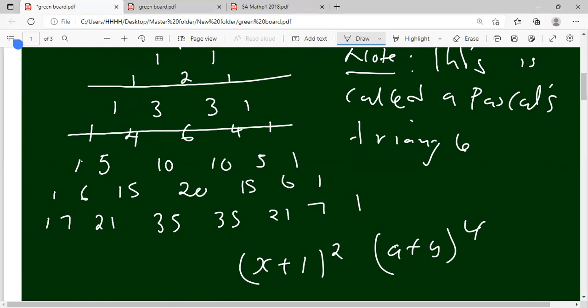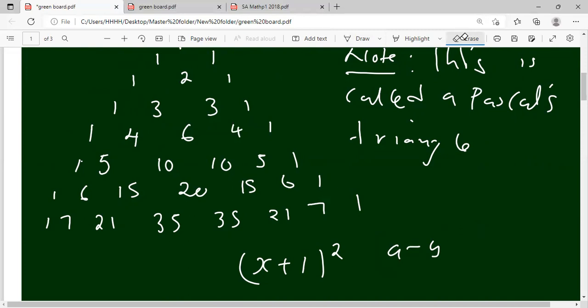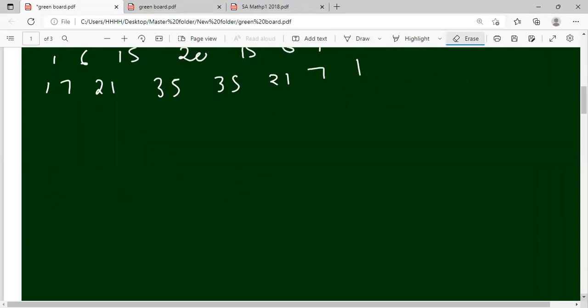Okay? So you can write those coefficients in advance. Then you follow the other rules. Okay, so a Pascal's triangle becomes very helpful in expanding binomials, unlike using the ordinary multiplication.